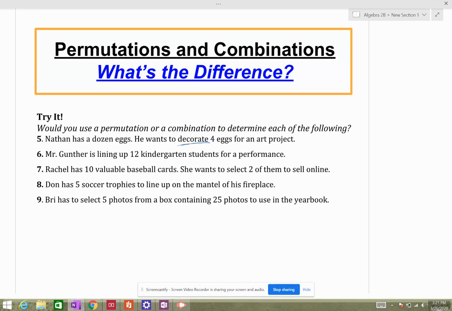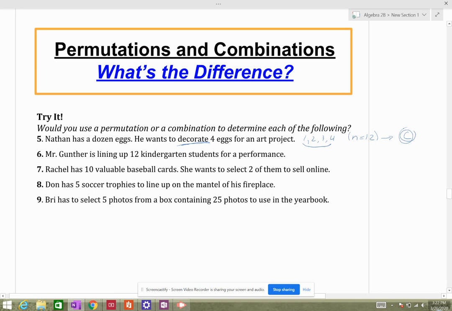So if I pick 4 eggs, let's say egg 1, 2, 3, 4, those are the 4 eggs that I pick out of the 12 total eggs that I have. If I swap the first egg and the 4th egg, does that change which eggs I'm decorating? No. The answer is no. So I would say that this is going to be a combination.